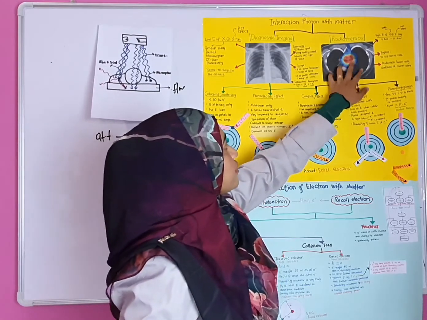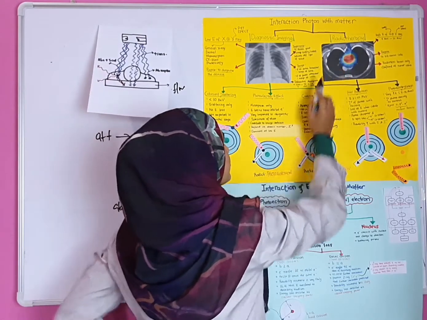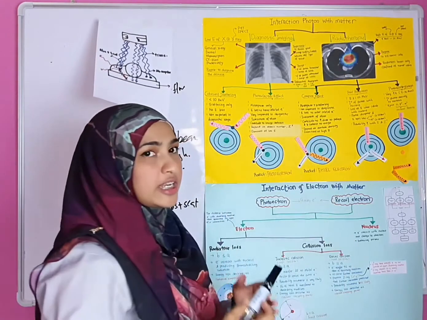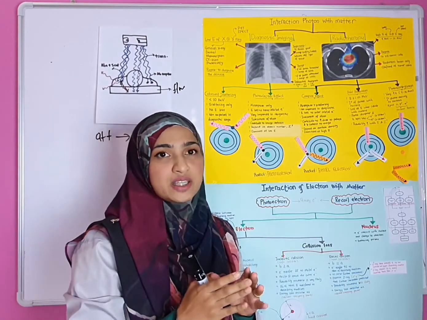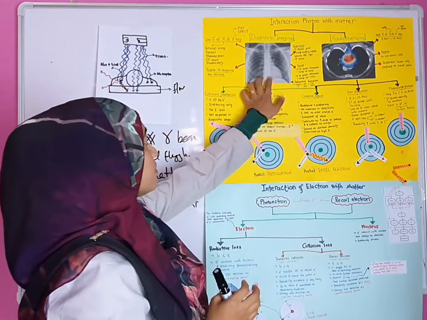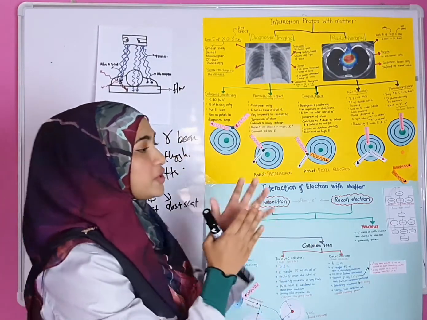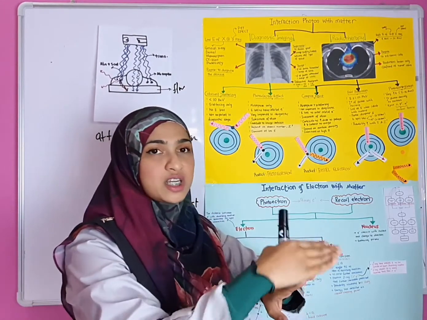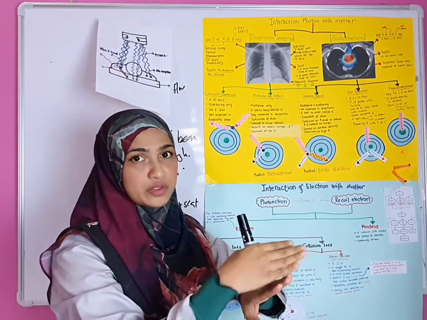If you look here, the colored region means the beam. The radiation beam is confined only to a small area of the cancer cells. Whereas for diagnostic imaging, we open up the radiation beam to cover the whole of the organs that we want to image.